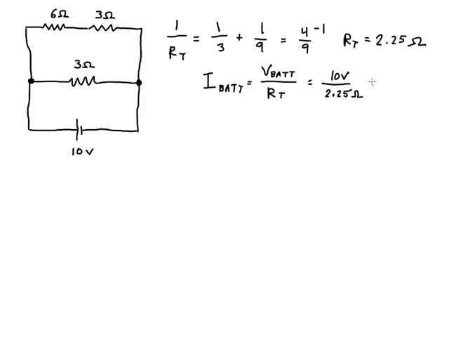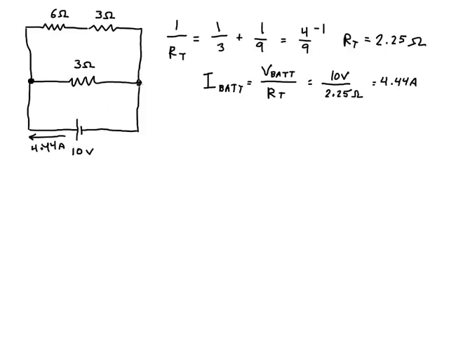What we get there then is a current of 4.44 amperes. I'm just going to draw this in over here. I've got 4.44 amps of current going through the battery.